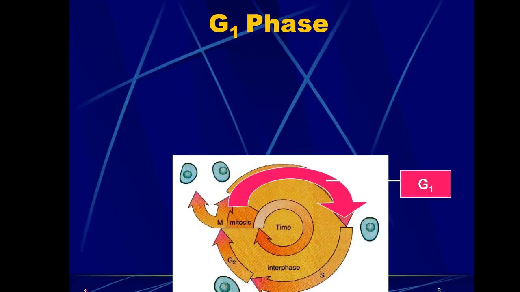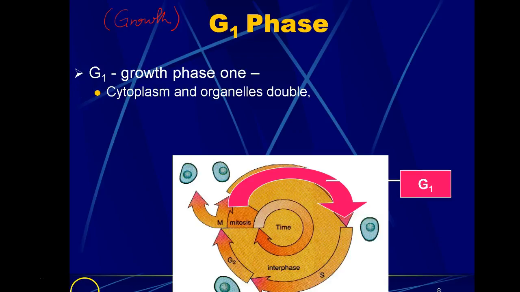All right, so now we start talking about the phases. G1. G1 stands for, we said, growth. So in G1, we want to talk about the cytoplasm doubling in size so that this new cell is going to have the right amount of cytoplasm, as well as all of the organelles.